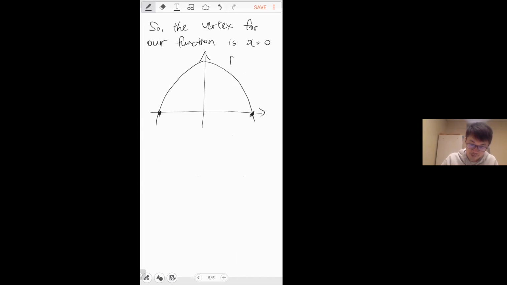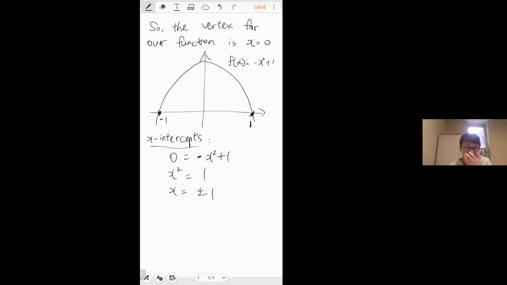Okay, you set y to be 0. X-intercepts. 0 equals negative x squared plus 1. So x squared equals 1. And so x equals plus or minus 1. This is -1, this is 1. Is it okay?